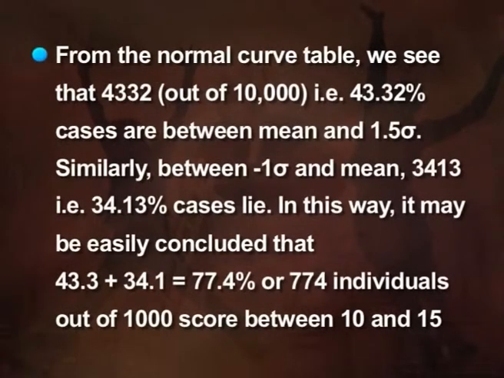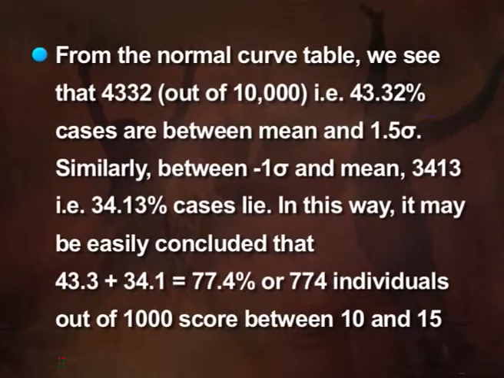From the normal curve table, we see that 4332 out of 10,000, that is 43.32% of cases, lie between the mean and 1.5 standard deviation. Similarly, between minus 1 standard deviation and the mean, 3413, that is 34.13% of the cases lie.